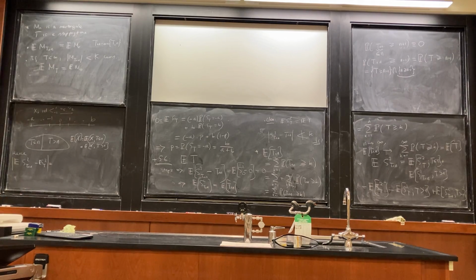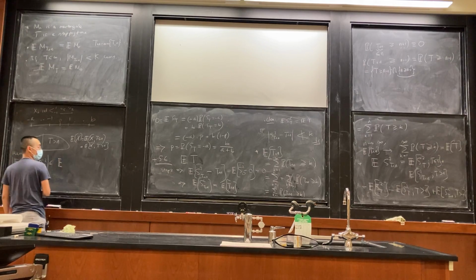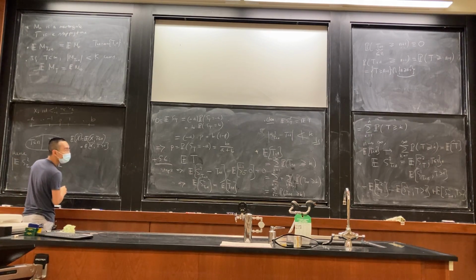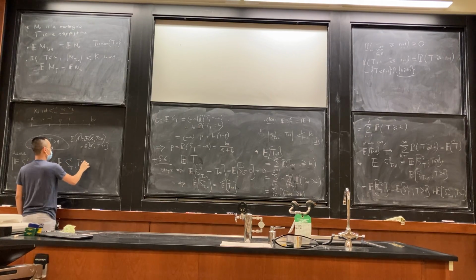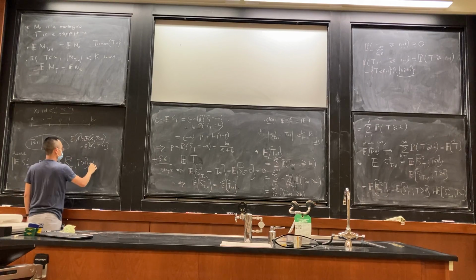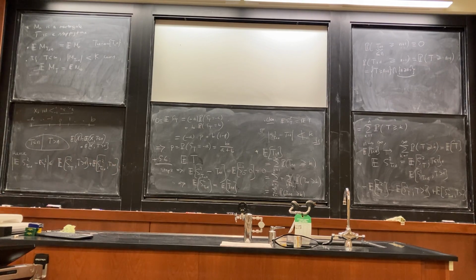This, right? That will be less than, by the triangle inequality for absolute value, I have S_T squared, T greater than N, and S_{T min N} squared, T greater than N. Okay? So, now what can I say about this?